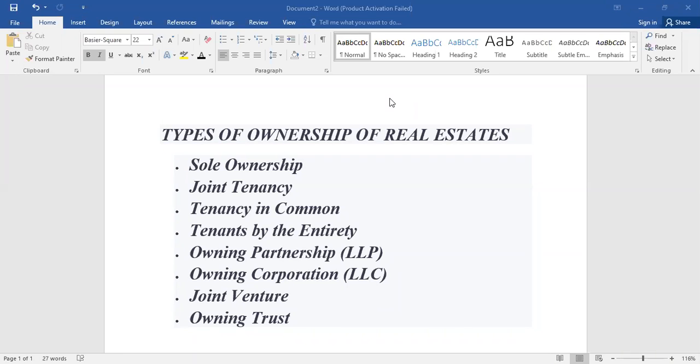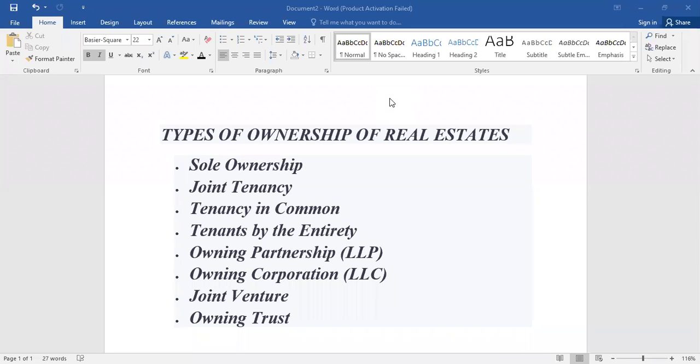So you can see in both scenarios, the asset is co-owned by two or more parties. But in a joint tenancy, we have the rights of survivorship, but it is missing in the tenancy in common. So that is one of the differences.